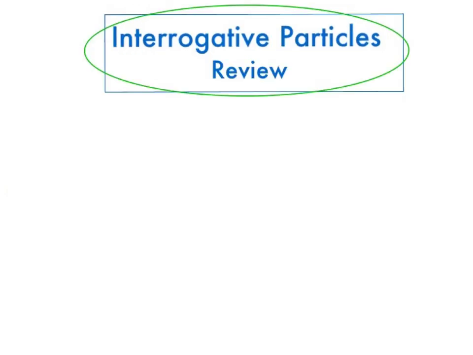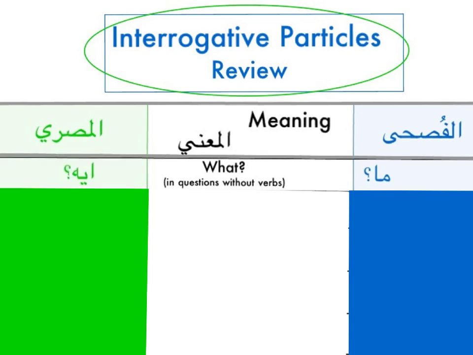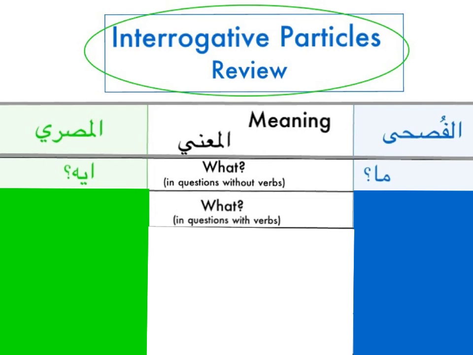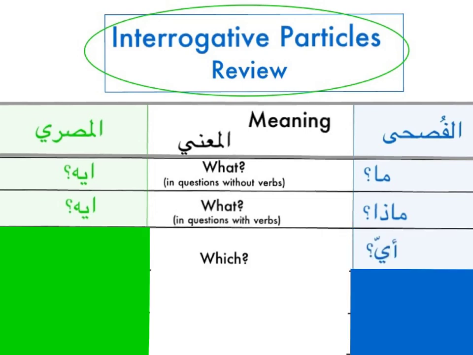Now let's review the interrogative particles. For what in questions without verbs we use ما in فصحى and إيه in عامية. For what in questions with verbs we use ماذا in فصحى and إيه in عامية. For which we use أي in فصحى and أي in عامية.